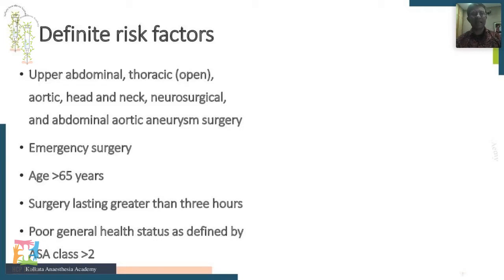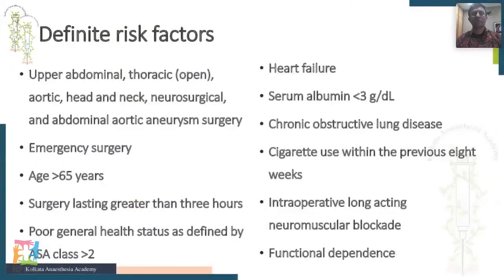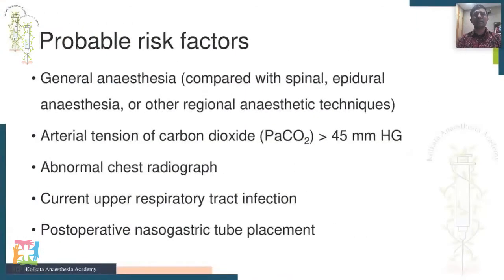So the definite risk factors are upper abdominal surgeries, thoracic surgeries, emergency surgeries, age above 65, surgery lasting greater than 3 hours. It's just a recap of what I've already said. Poor general health status, an ASA classification above 2, somebody with heart failure, albumin less than 3, COPD, cigarette use, intraoperative long-acting muscular blocker, which is most likely not going to happen, functional dependence.